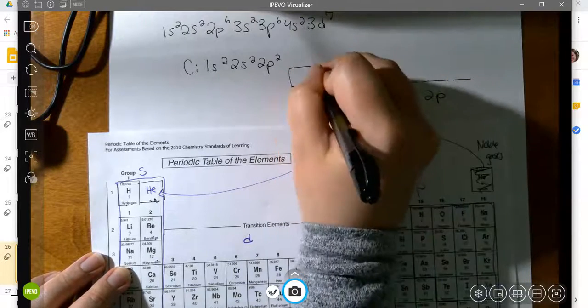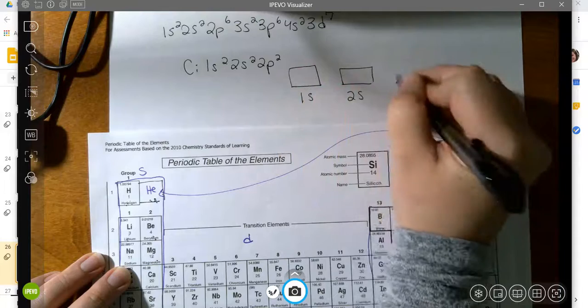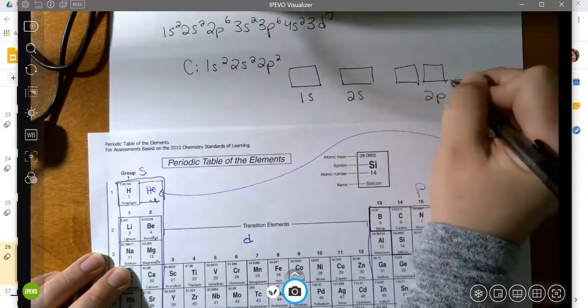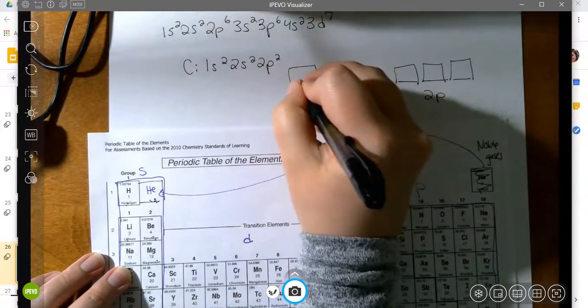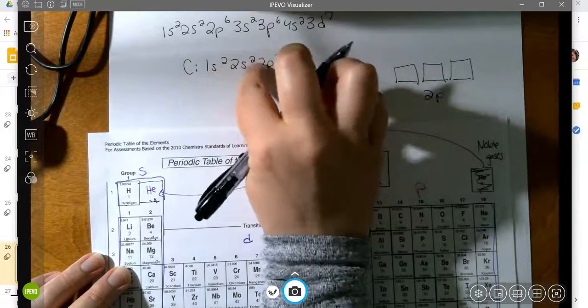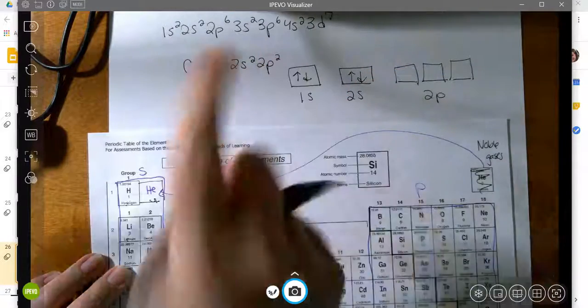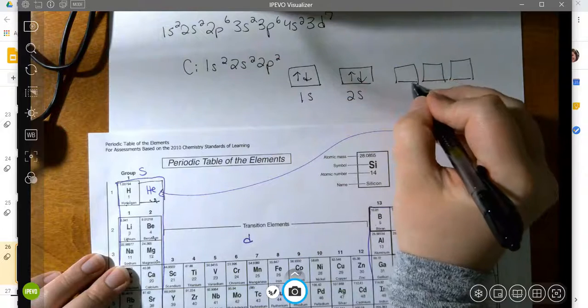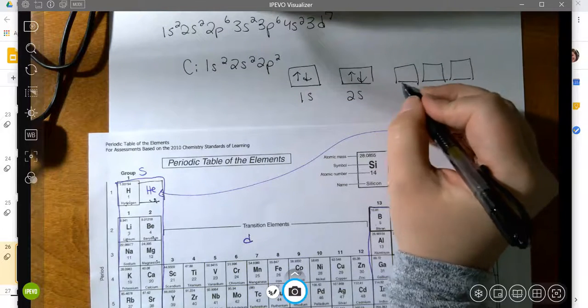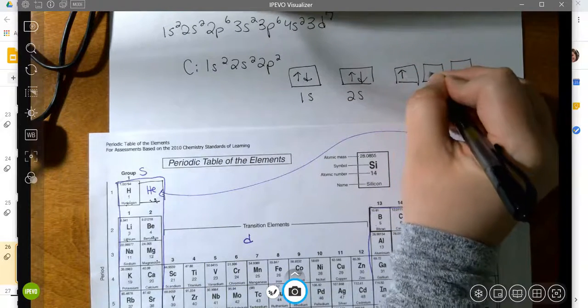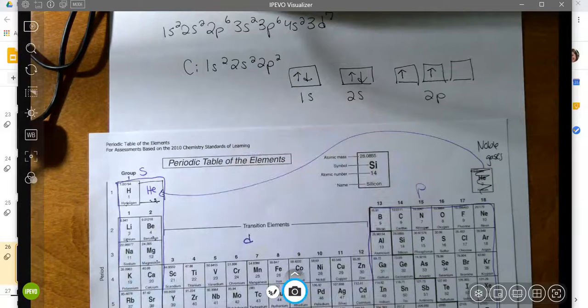Or you can draw boxes. I don't know why I tend to draw the boxes, but it makes absolutely no difference whatsoever, okay? 1s2, 1 up, 1 down. 2s2, 1 up, 1 down. Now, 2p2, so we could put 2 electrons, 1 up, 1 down in this first box, but that would violate Hund's rule. So we have to go 1 up and 1 up.